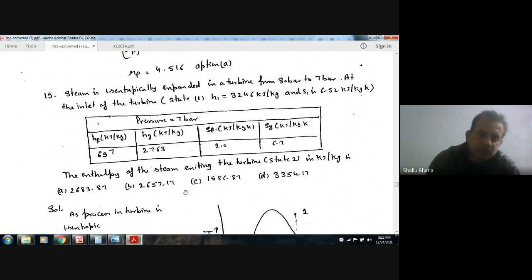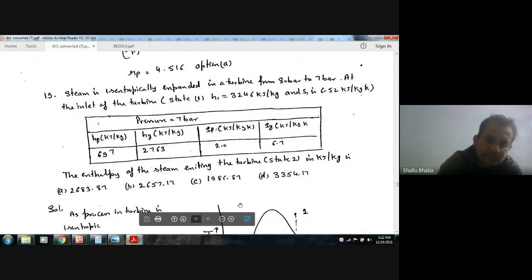It is expanded up to 7 bar, and the properties at 7 bar are known as HF, HG, SF, and SG. The enthalpy of steam exiting the turbine at state 2 in kilojoule per kilogram is: option A 2683.787, option B 2657.17, option C 1986.87, option D 3354.17.